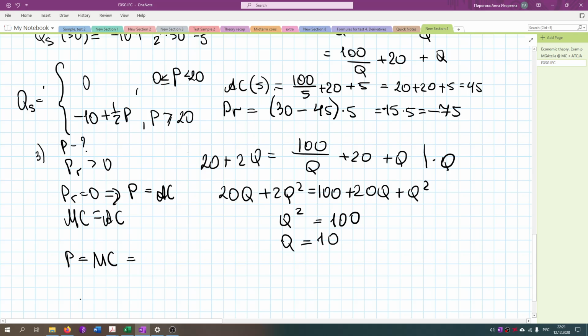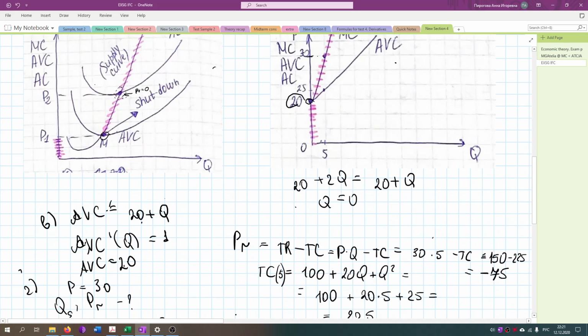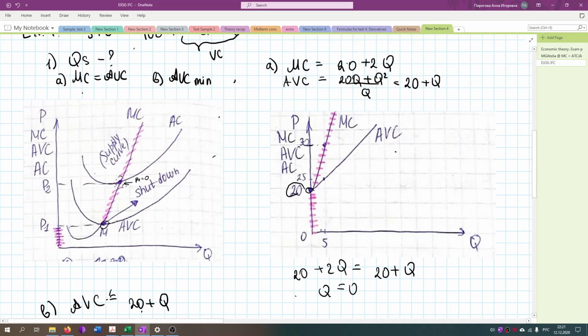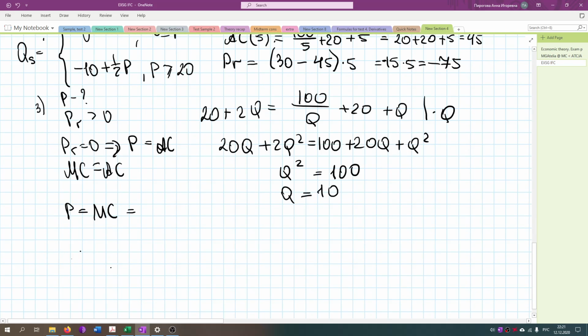And let's compute. So marginal cost has an equation 20 plus 2q. So I'll repeat it here, 20 plus 2q. And when our quantity is equal to 10, our price or marginal cost will be equal to 40.